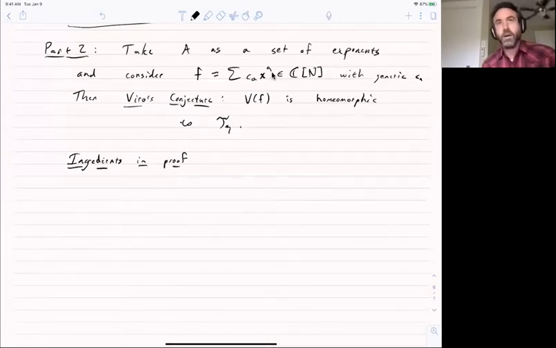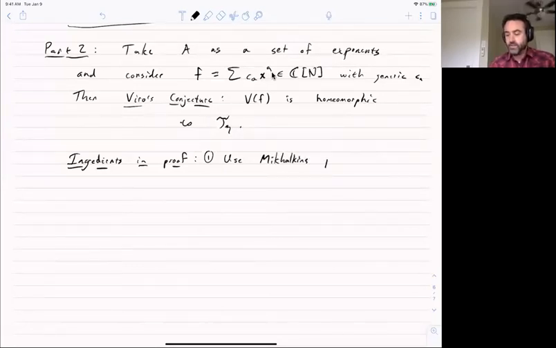Well, the first thing is we want to use Mikhalkin's pair of pants decomposition, which occurs on the complex side, the VF side, to reduce to the pair of pants case.